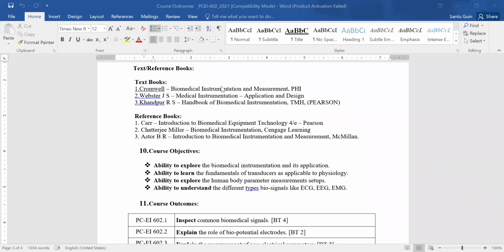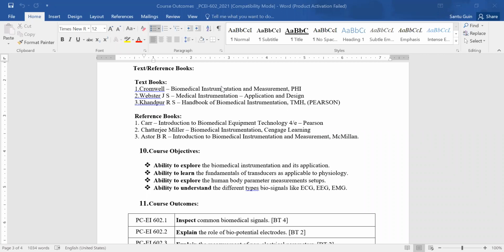The course objective is, first, that you will be able to explore biomedical instrumentation and its applications. After completing this course, you can learn the fundamentals of transducers, which are applicable in different measurements for biological signal measurement purposes.